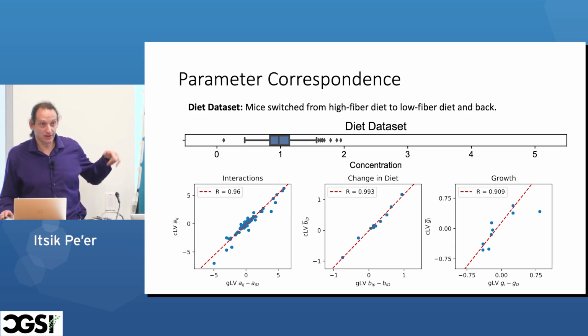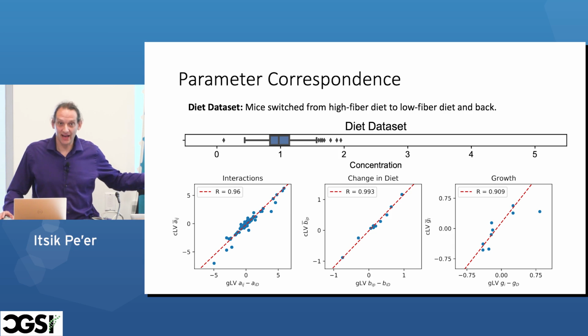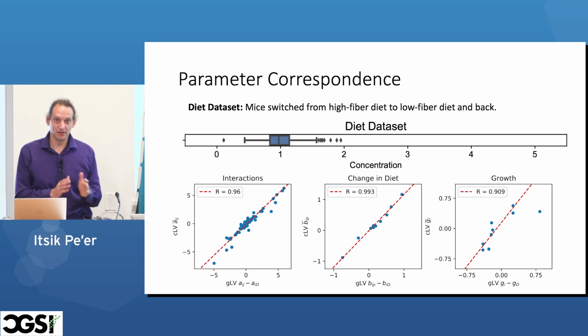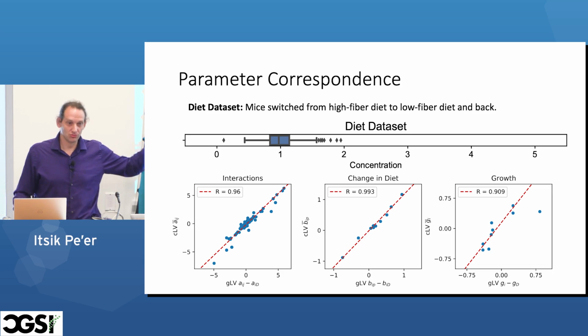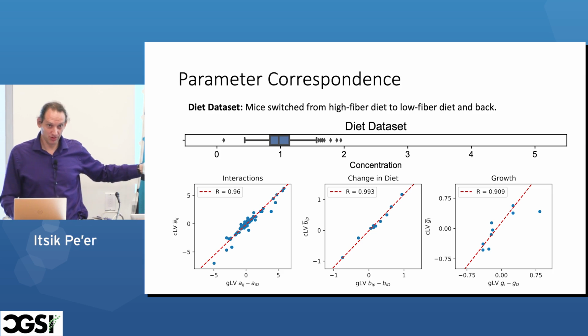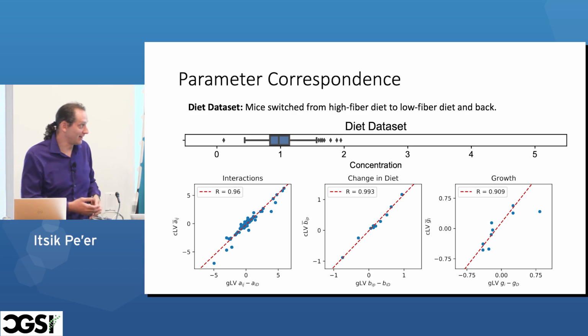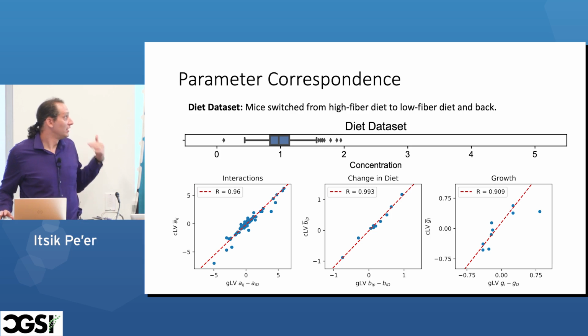In this particular data set, we had absolute data because they actually did bother to run qPCR and get absolute abundances. So we were actually able to have ground truth.